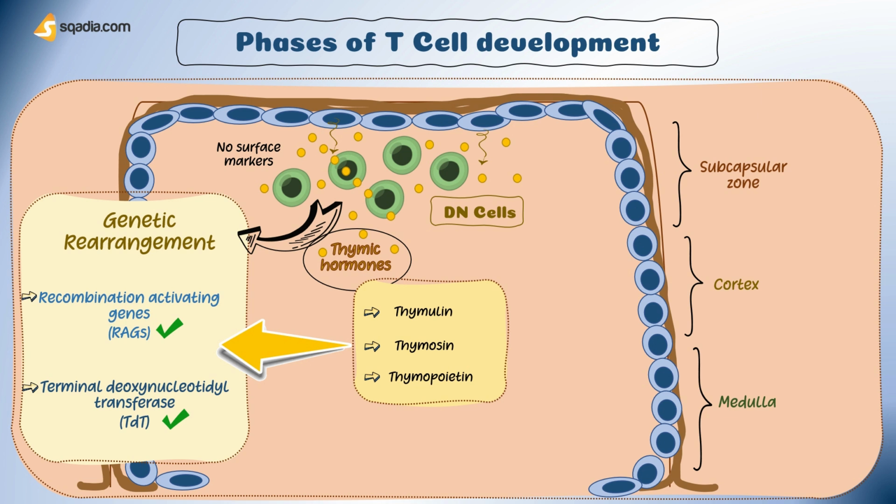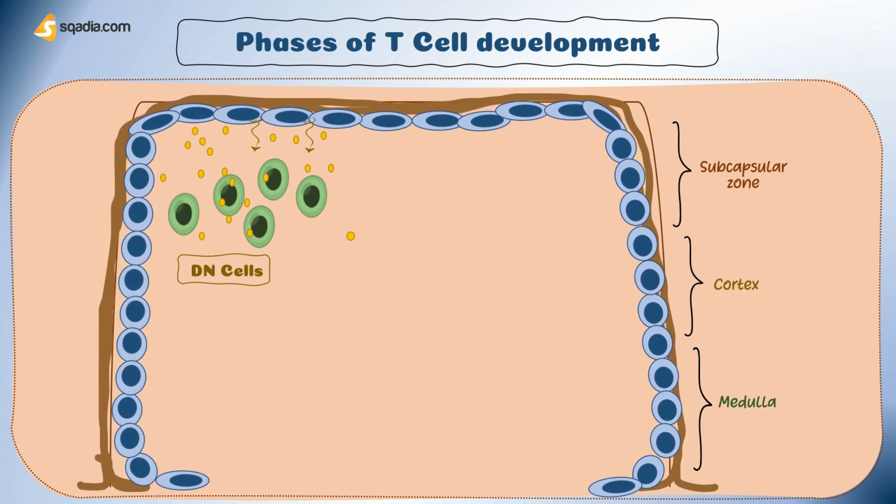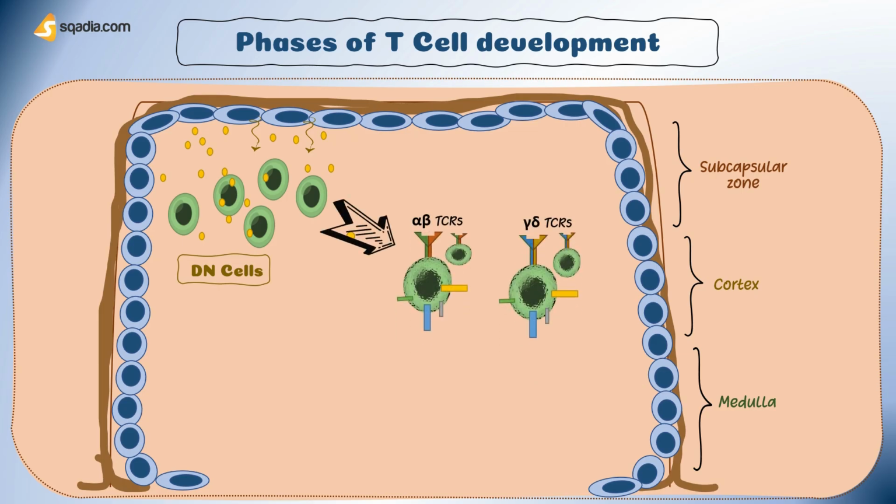These enzymes then help in producing antigen receptors. Also they activate genes, giving rise to CD, that are cluster differentiation proteins. After all the gene rearrangements, either the alpha-beta TCR lineage or the gamma-delta lineage is established, along with CD proteins. All this process takes place within the subcapsular zone.